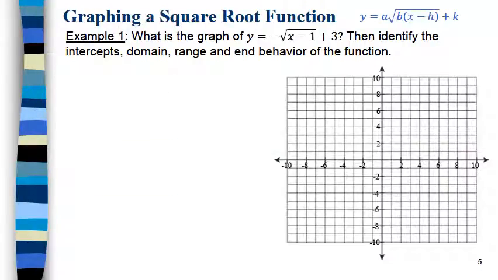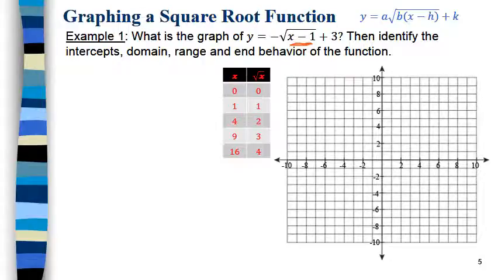Okay, so if we're going to graph square root functions, we already know what the basic shape is going to be, and we know that we need to pick x values that are going to cause the numbers under the square root to be positive. So we can go ahead and just pick some x values and make an xy table. We can also look at each square root function as a transformation of the original parent function.